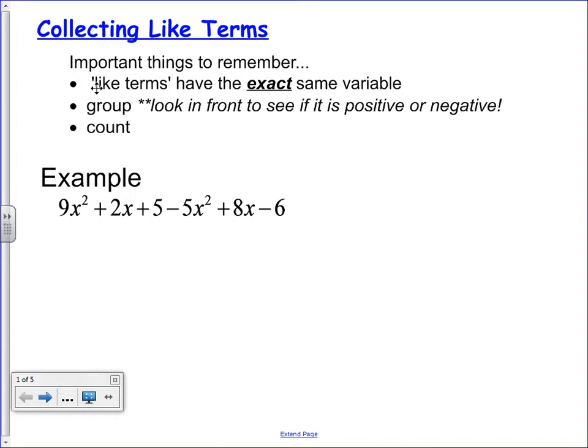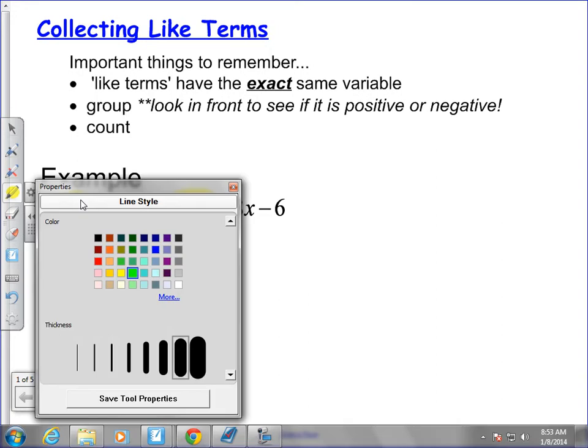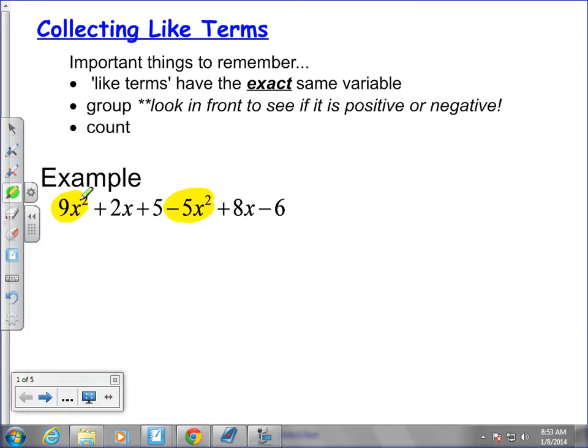We had this with highlighters, and if I were to highlight, what are my like terms here? Jonathan? What am I forgetting? I'm forgetting to look in front. Minus 5x squared. So that's my first set of like terms. What else are like terms?